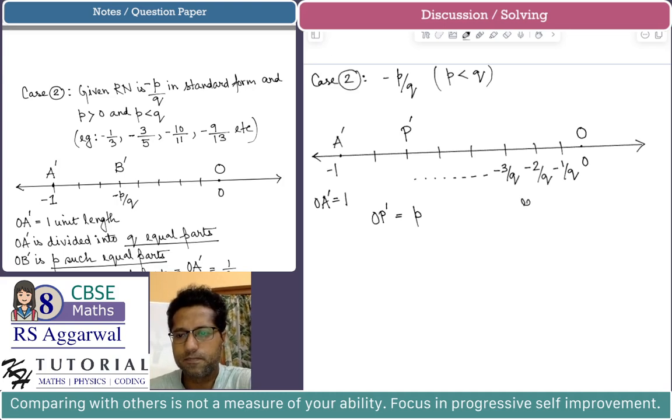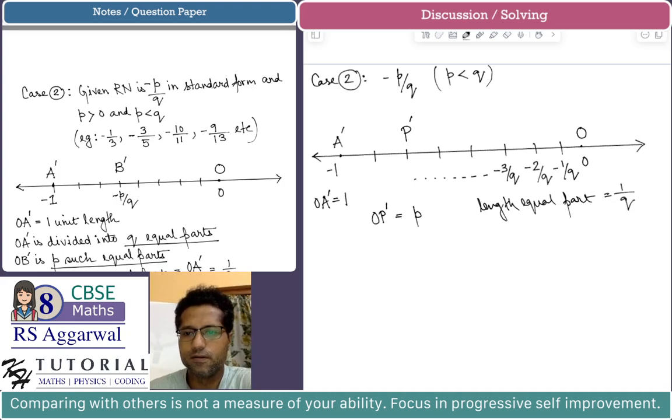Equal part here, or in the previous case, the length of an equal part is 1 by Q, where Q is the denominator, and OP dash is equal to P equal parts.